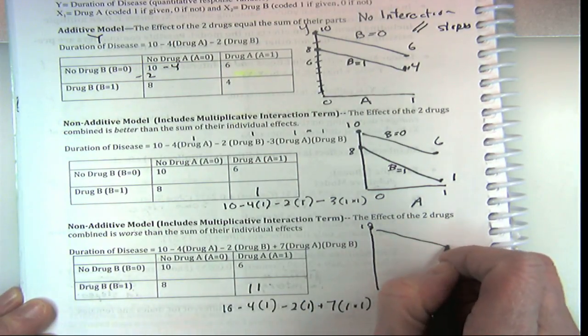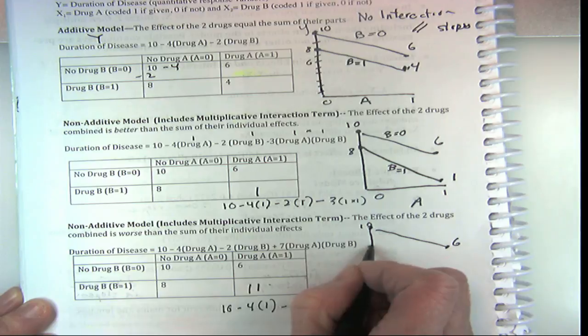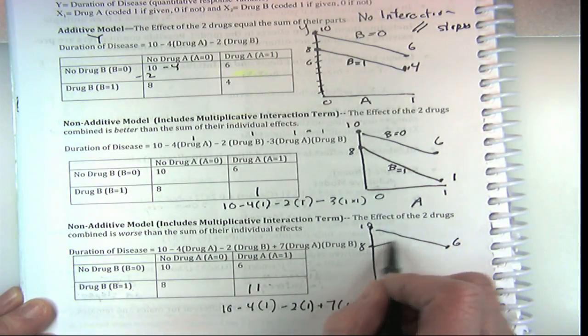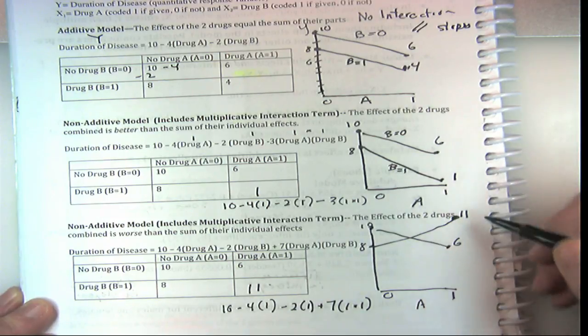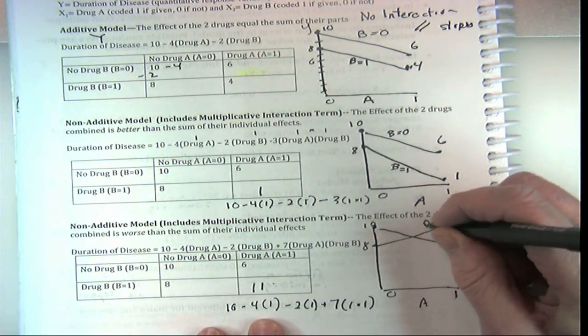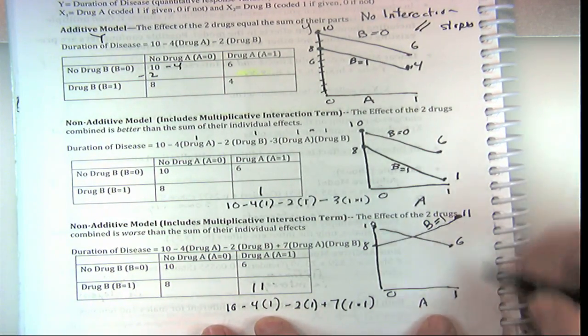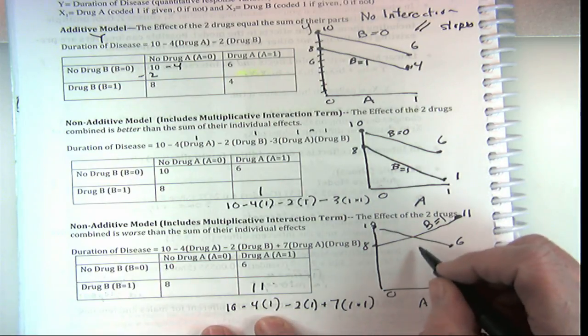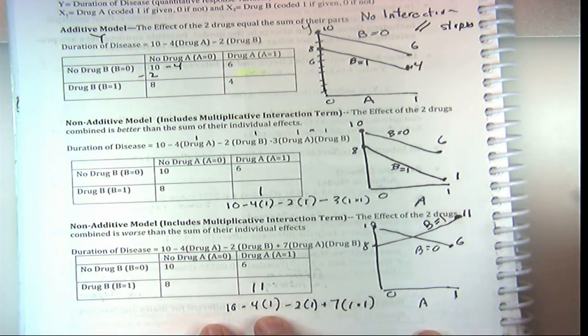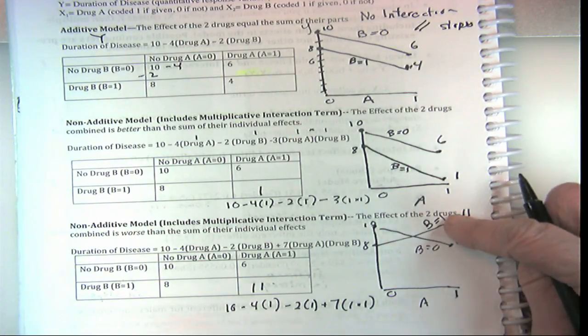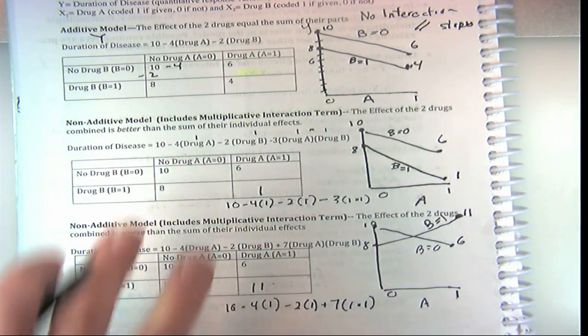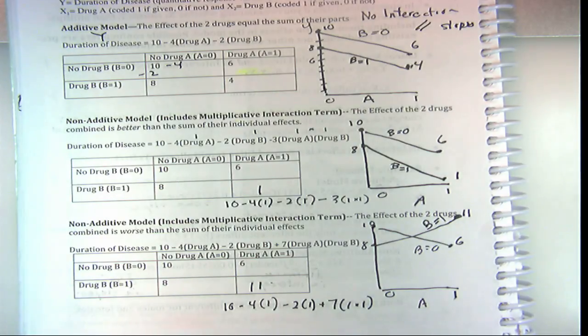And we'll start off at 8, but now it's going to go up to 11. It goes up all the way there to 11. And that's when B is equal to 1 and A is equal to 1. And of course, this is still B equal to 0. So that's the idea. These two have non-parallel slopes, and that's what the interaction effect does. It allows for different slopes. Okay?